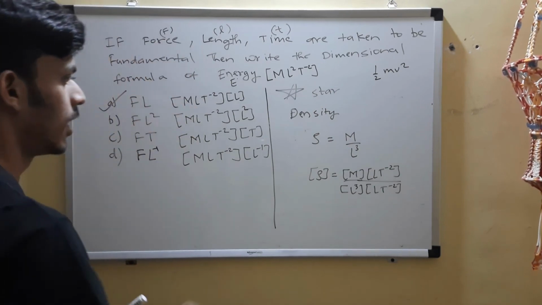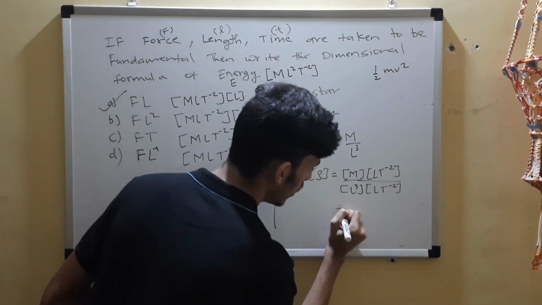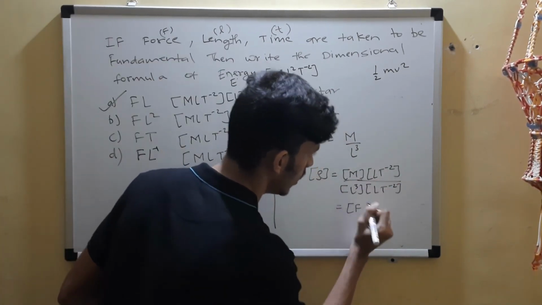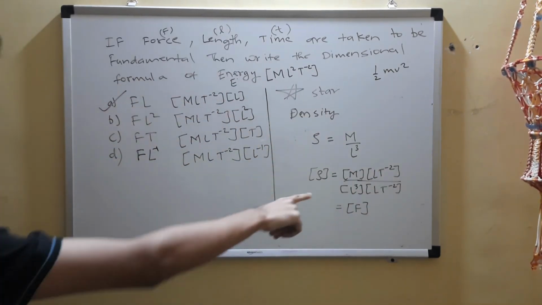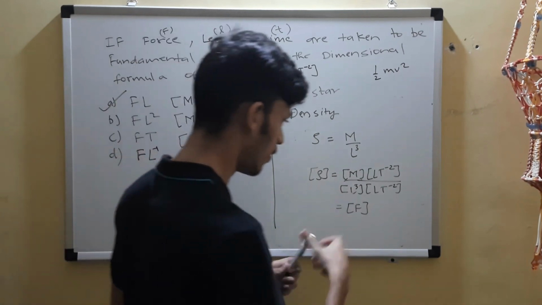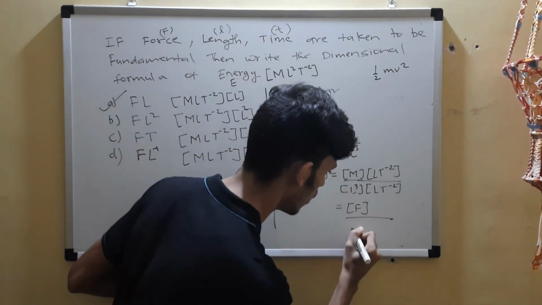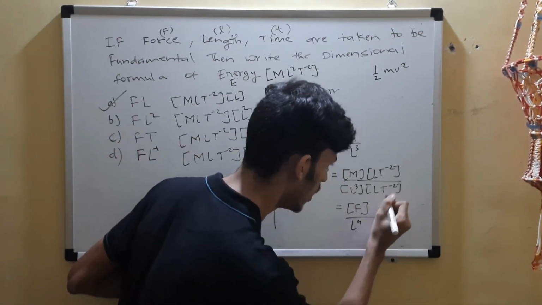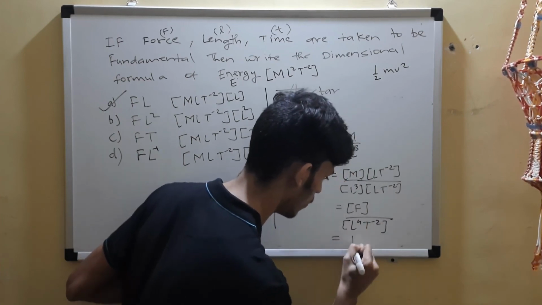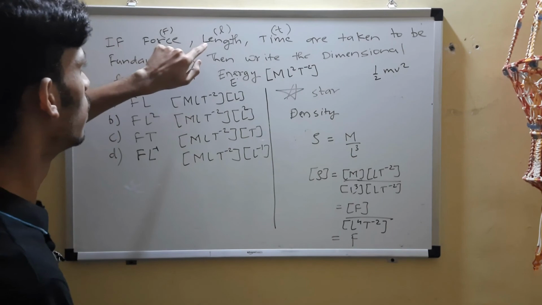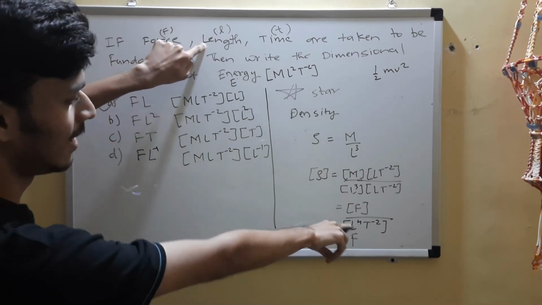So I multiplied that. At the top it gives me force, mass into acceleration. So this is the dimensional formula of force. And at the bottom I have L to the power 3. So let's compute that, L to the power 4 and T to the power minus 2. So F, and length and time.